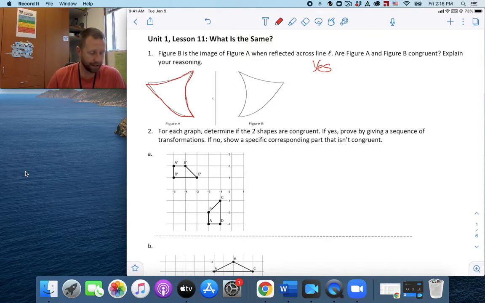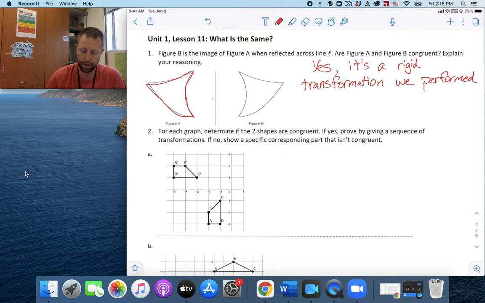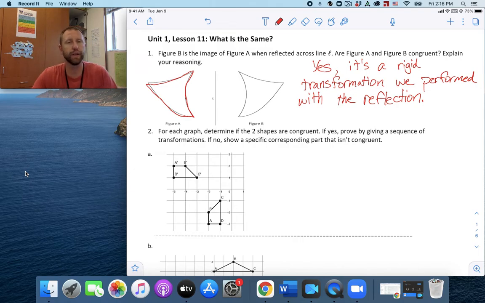And again, the reason is it's a rigid transformation. We performed a reflection, and a rigid transformation gives us congruent shapes.